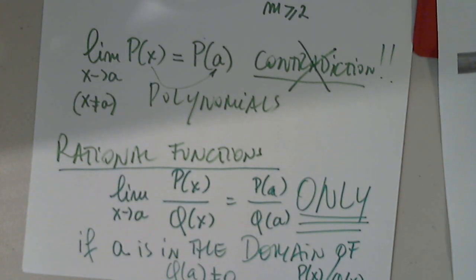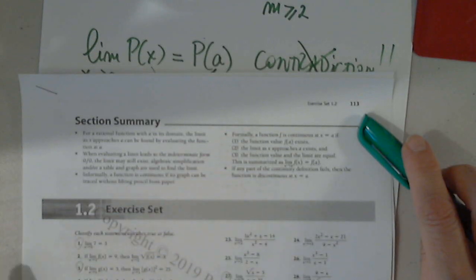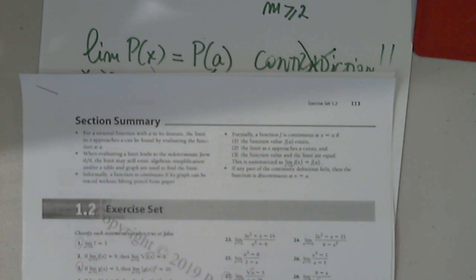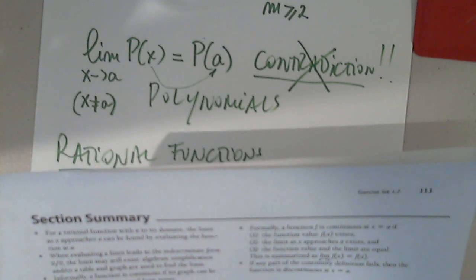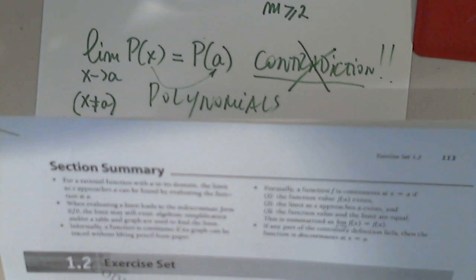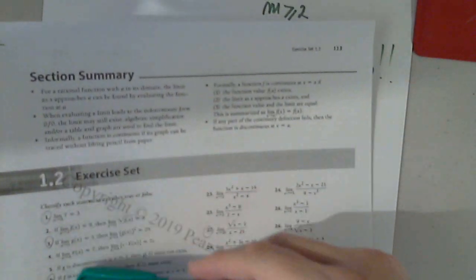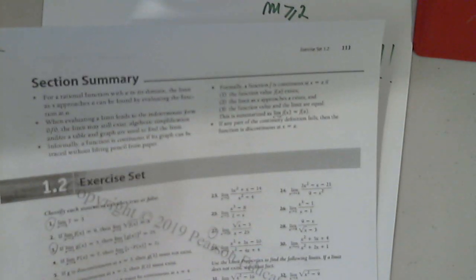And now I would like to look at a couple of problems before we address continuity. So now we are on page 113. Please feel free to select; I just selected a few. It doesn't matter, you can choose anything you want.